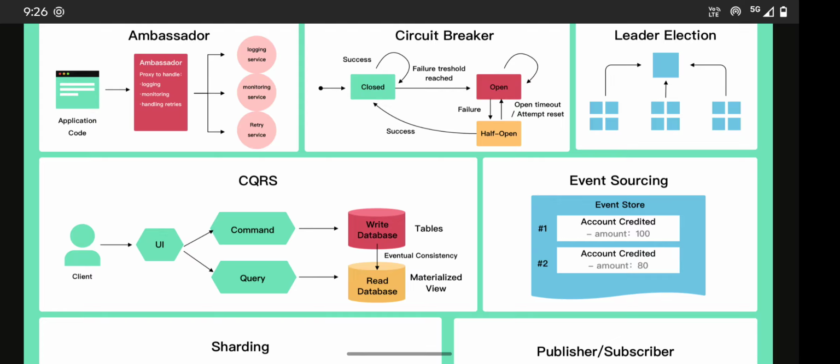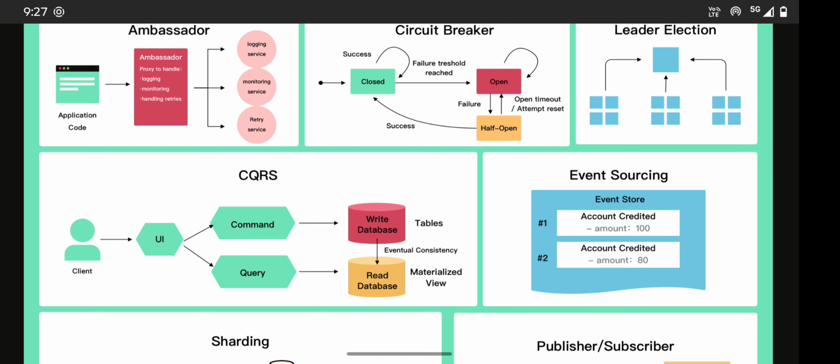You can configure a certain failure threshold. Let's say your calling service may try a maximum of 3 times and it does not respond, right? Then you need to open the circuit. If the other service is working and responding, then you may close the circuit, and things work properly.